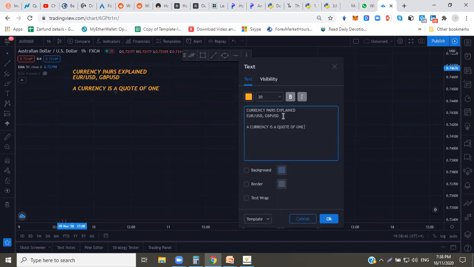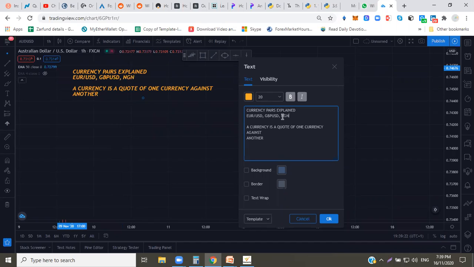A currency pair is a quote of one currency against another. So in this example, we're talking about Euro USD. This is a quote of Euro against USD, GBP against USD. So when you quote one currency against another one, you have a currency pair.